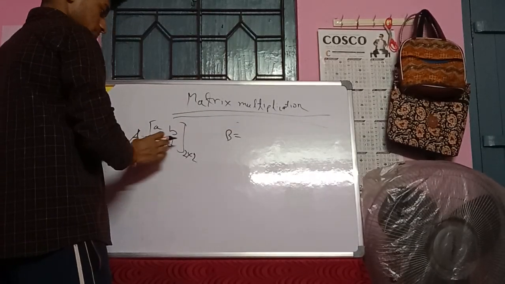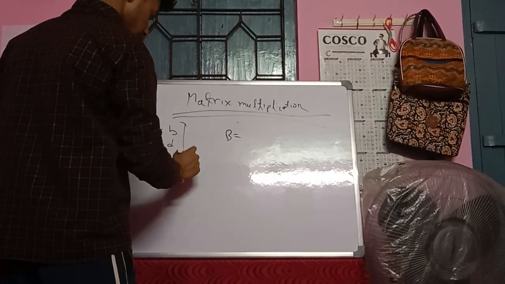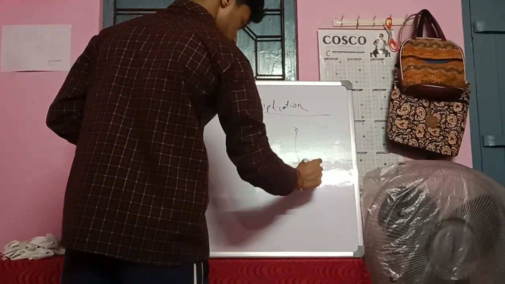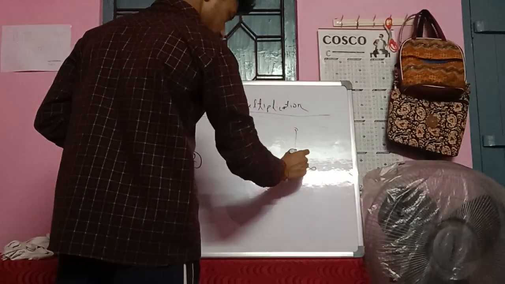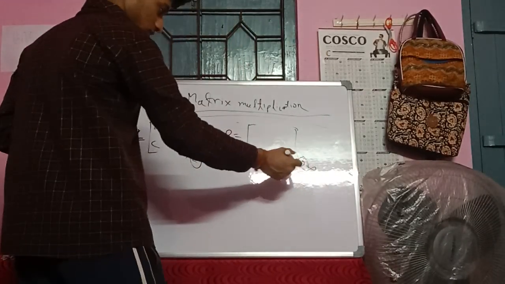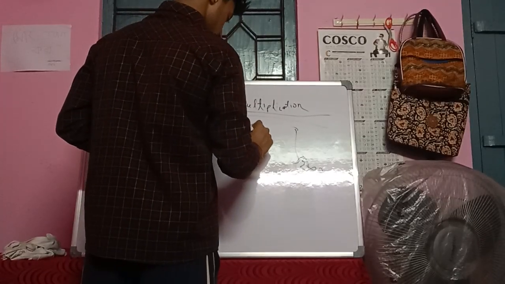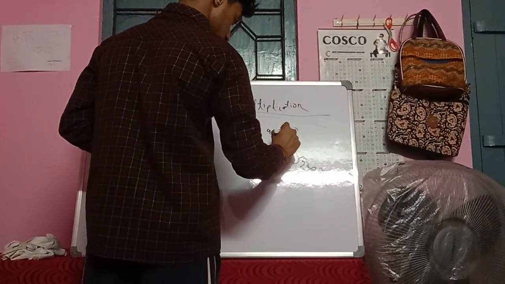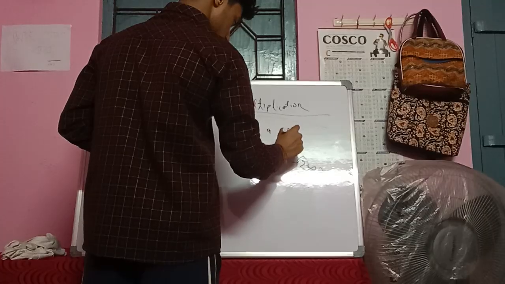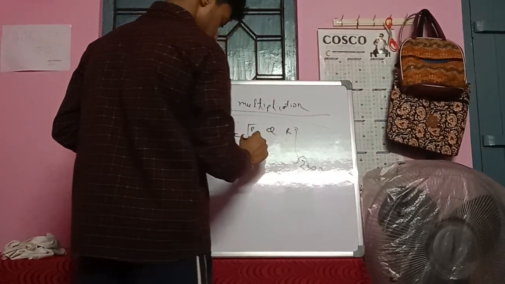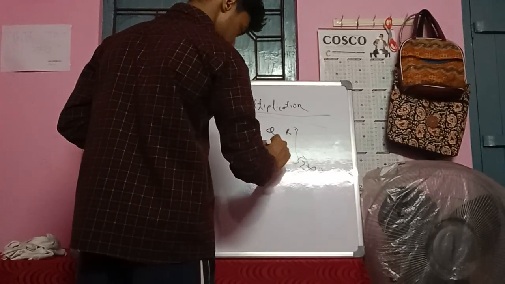If you want to multiply these matrices, make sure that the number of columns in this matrix and the number of rows in this matrix are the same. Let's say we have elements here R, S, T.